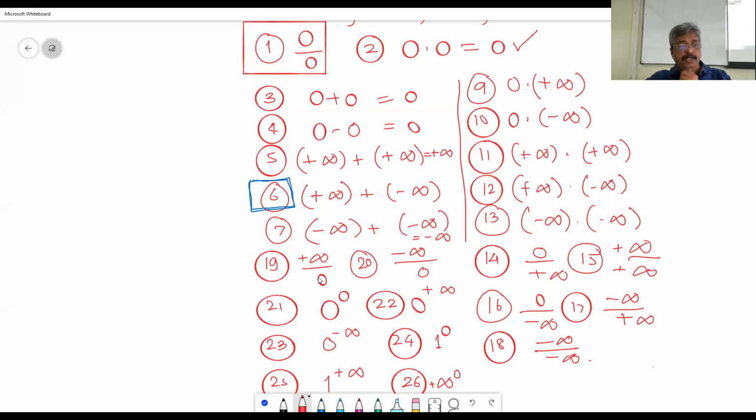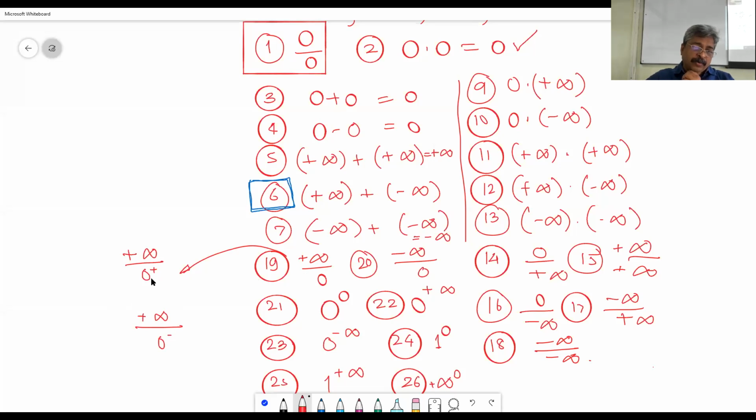If it is plus infinity upon 0, let us discuss this now. Plus infinity upon 0. Now we have to consider two cases, whether you are approaching 0 from positive side or you are approaching 0 from negative side. Right?